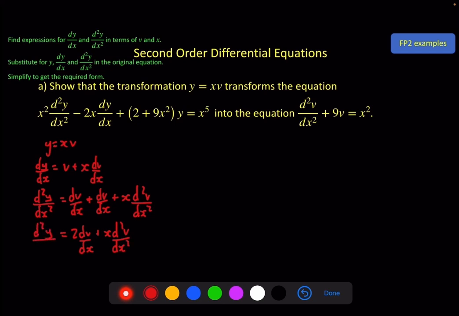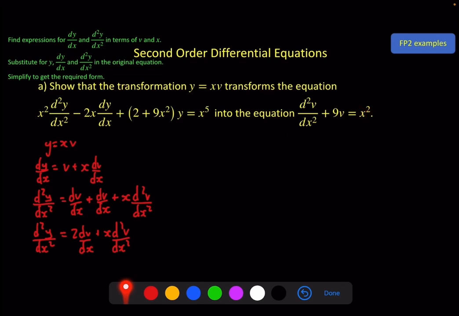So we have our expressions for y from the question, dy by dx and d2y by dx squared. We can substitute those in here, here, and here, and hopefully that will simplify to give this expression here.